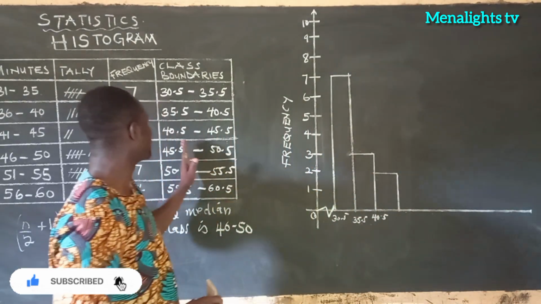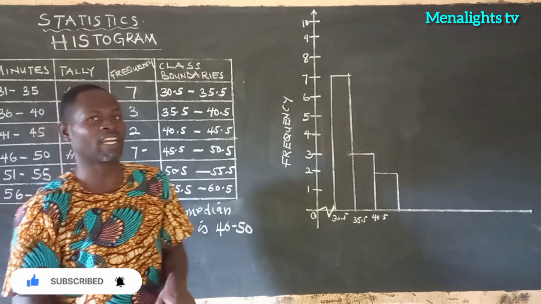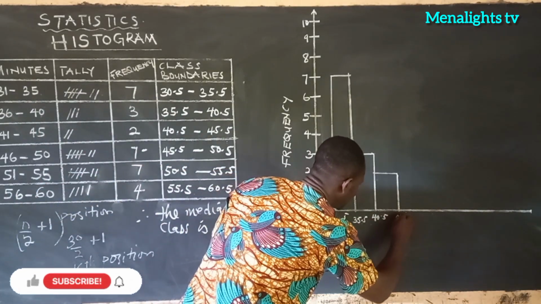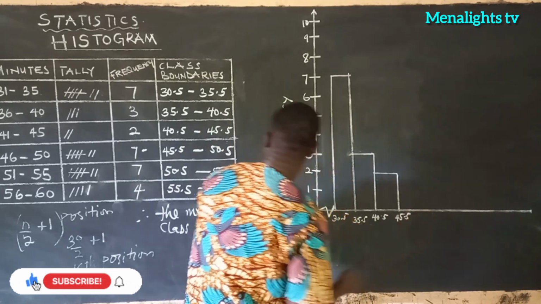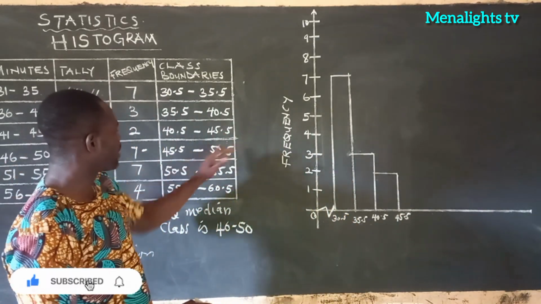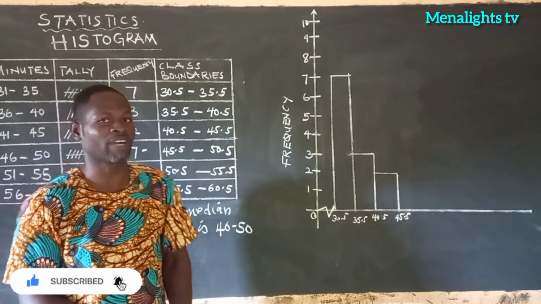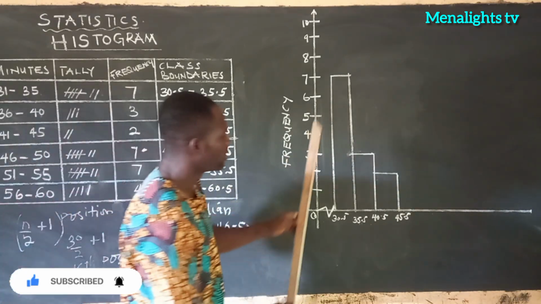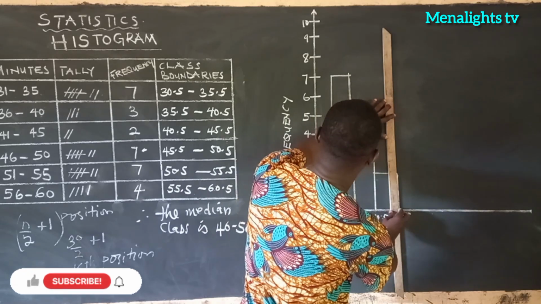So we have it 40.5 to 45.5. So here we have our 45.5 here. Then we move to the next one, which is the class boundary 45.5 to 50.5, having the frequency of 7. So the same way we get our 7.